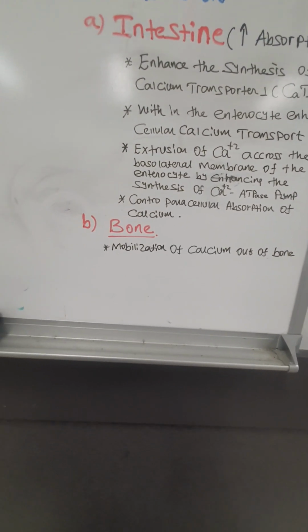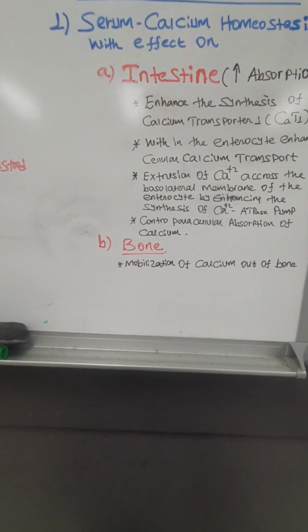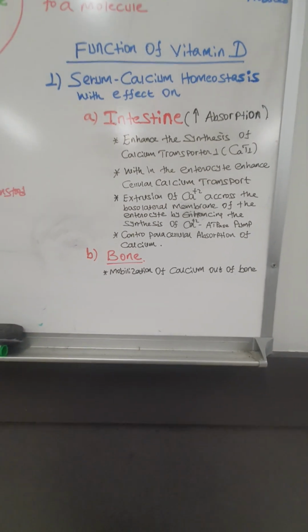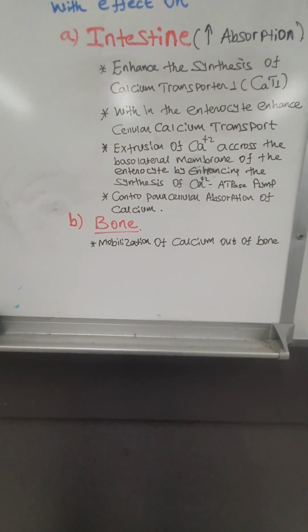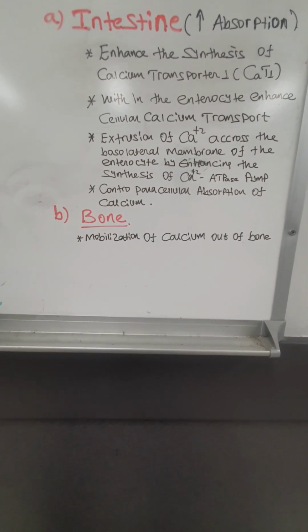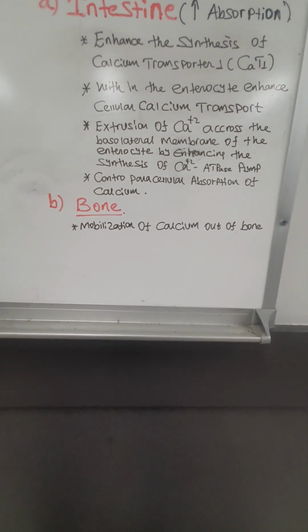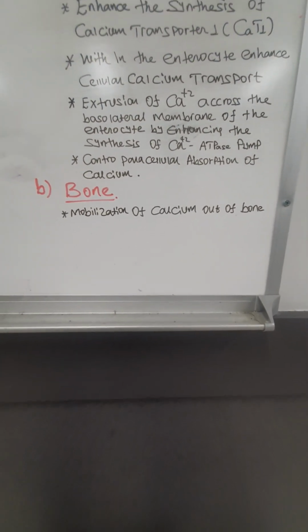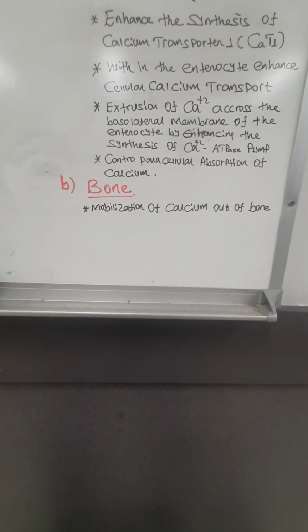So the absorbed calcium has to go out through the basolateral membrane to get into the circulation system. These extrusions of calcium are enhanced by calcitriol, by enhancing the synthesis of calcium ATPase pump. Calcium ATPase pump is the one which helps the calcium get out of the basolateral membrane.